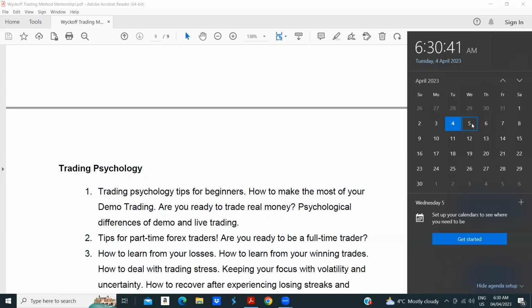The first session will start on 5th. The second session will be on 6th of April 2023, then the third session would be on Saturday 8th of April, and the fourth session would be on Sunday 9th of April.